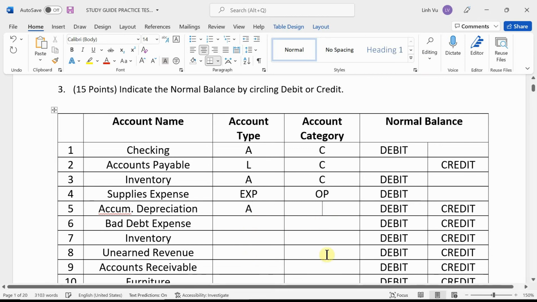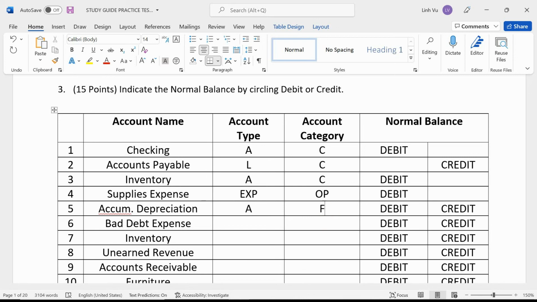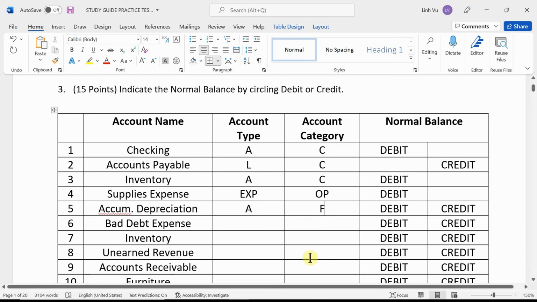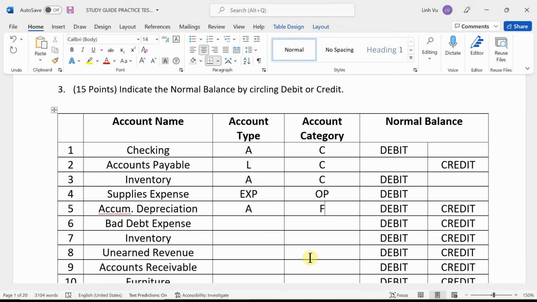What kind of asset? Fixed. Yes, right? Accumulated depreciation. What direction would it fall under? Would it flow debit? Not debit.